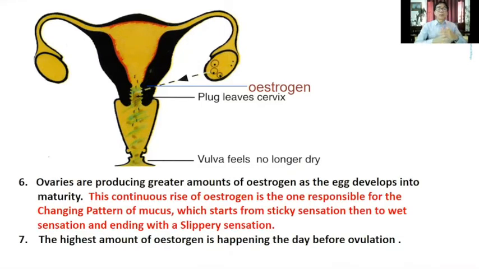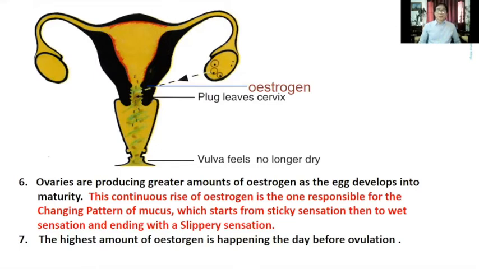Ovaries are producing greater amounts of estrogen as the egg develops into maturity. This continuous rise of estrogen is the one responsible for the changing pattern of mucus, which starts from a sticky sensation, then to wet sensation, and ending with a slippery sensation.